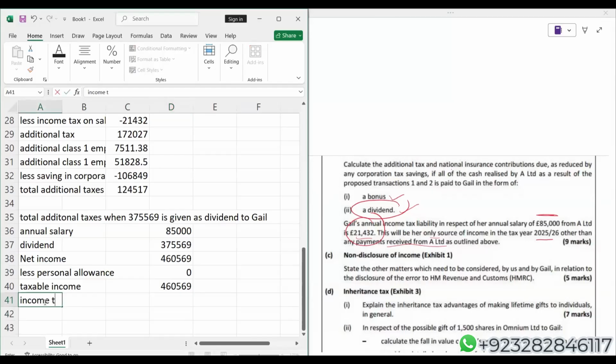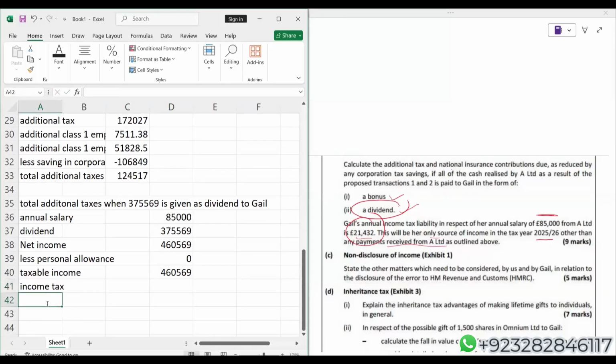Now let's calculate income tax. 37,700. Can I say applicable rate is going to be 20% on non-saving income? Now be careful. From this 85,000, we will deduct 37,700. Applicable rate is going to be 40%.